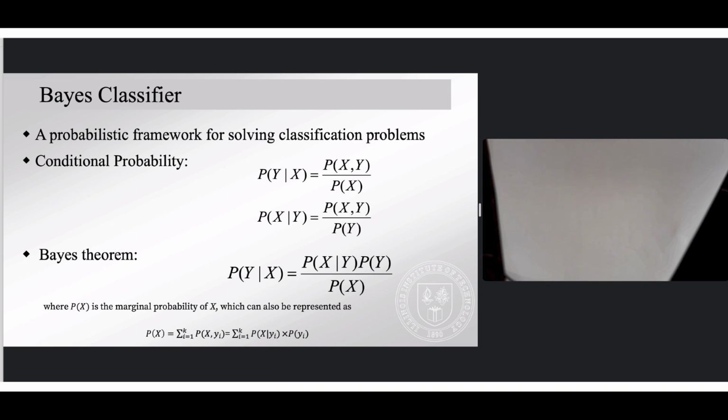When you talk about Bayesian classification, we need to look at a simple implementation of the Bayesian classifier in action. In this case, we're going to take a look at the naive Bayes classifier, which is a probabilistic framework that helps us solve classification problems and relies on the concept of conditional probability and the Bayes theorem.